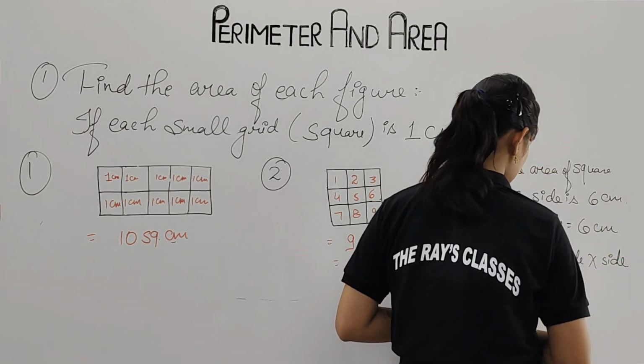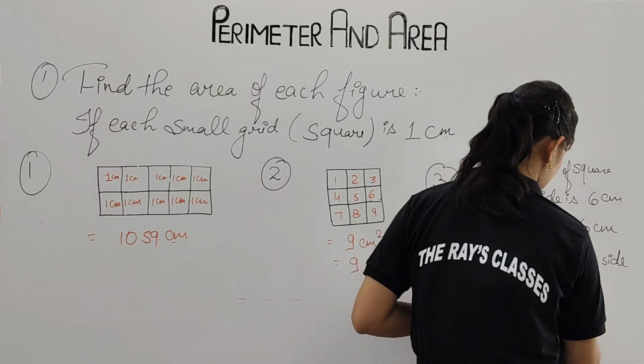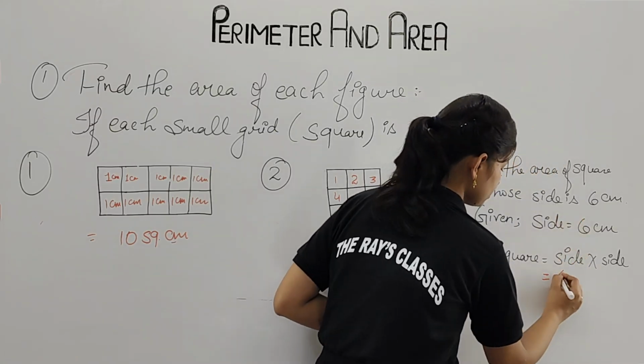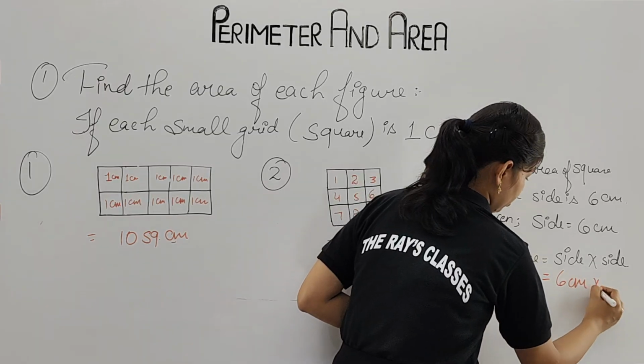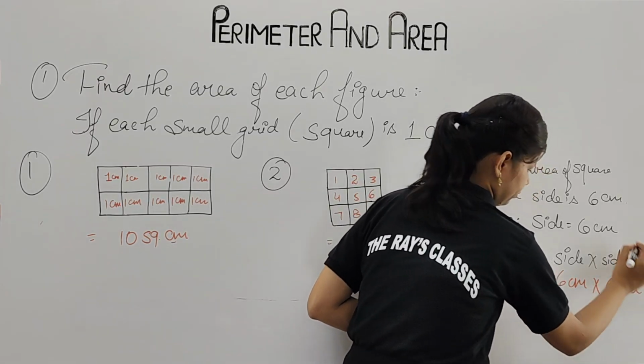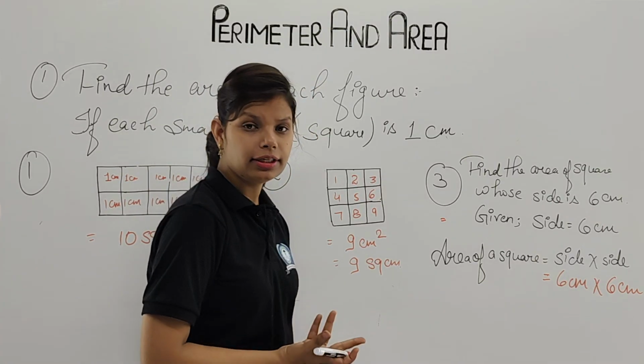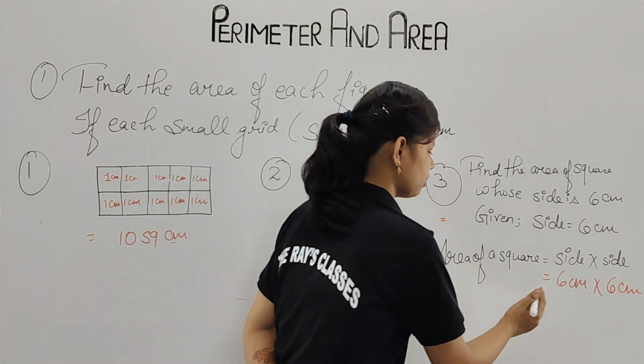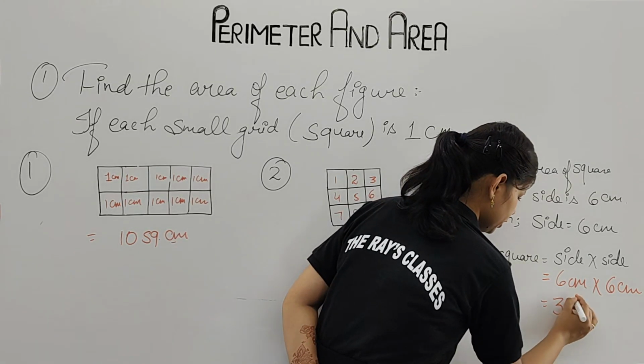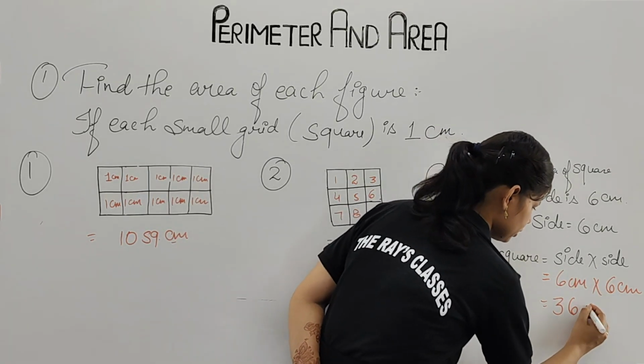Side multiplied by side. Now here your side is given, 6 centimeter multiplied by 6 centimeter. Clear? 6 multiplied by 6, then what will you get? Easy, 6 sixes are 36. 36 what? Centimeter.